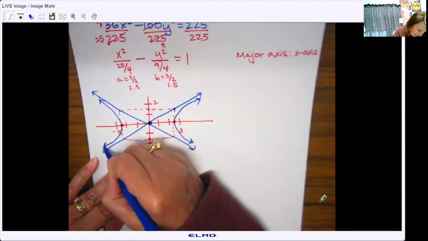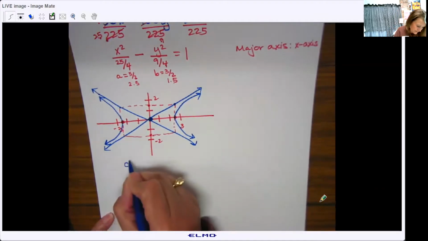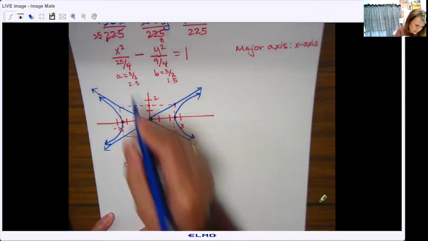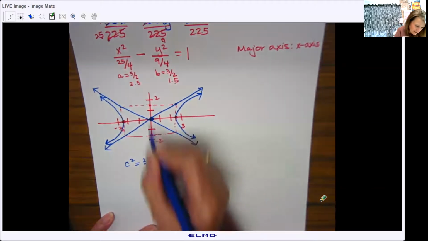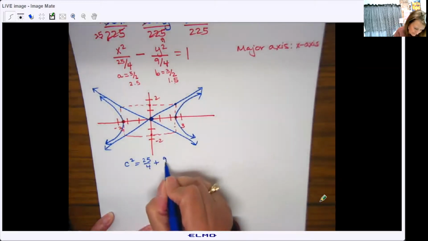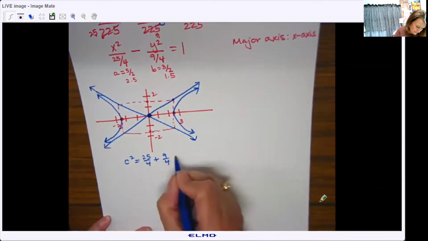Now there's a couple things we haven't found. We haven't found C yet. Remember, C squared is equal to A squared, which is 25/4, plus B squared, which is 9/4. Is that 34/4?